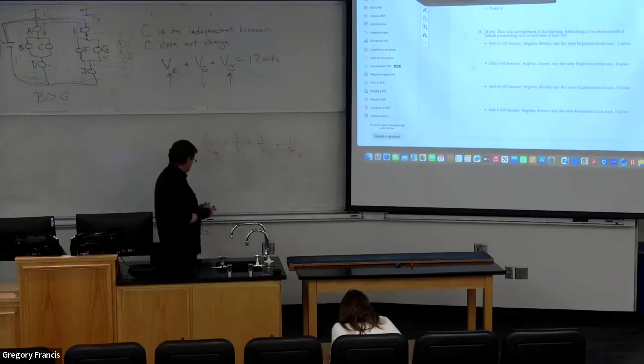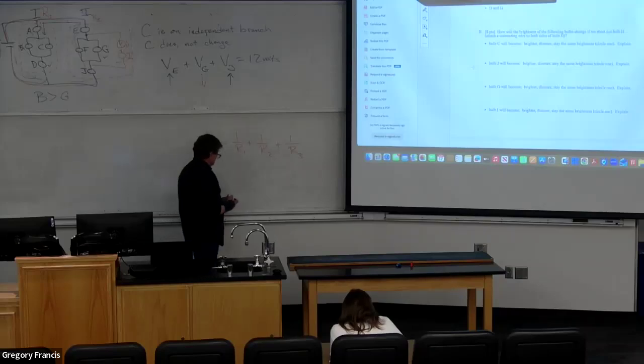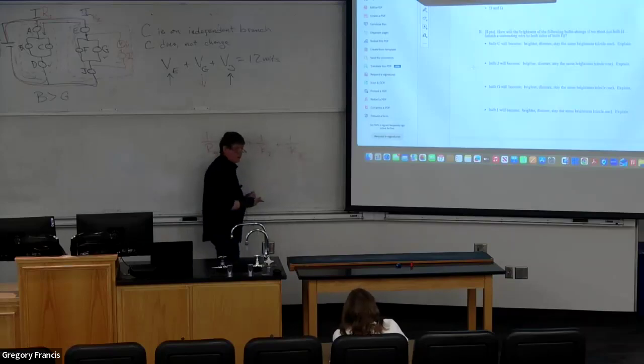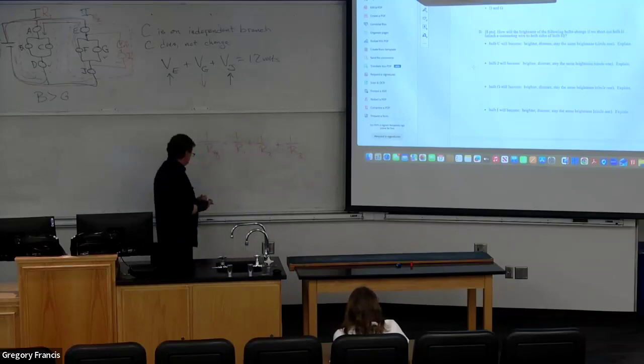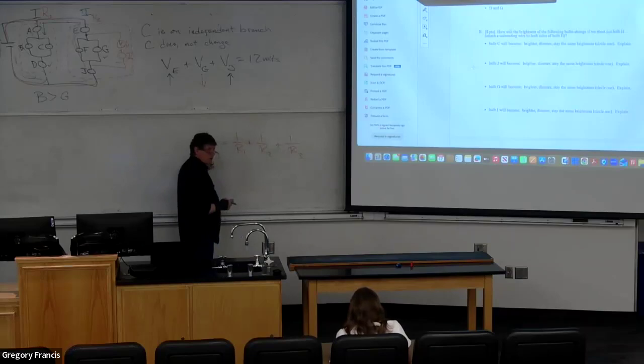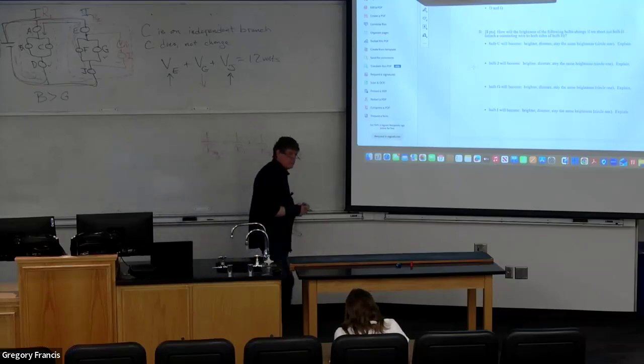And if you go through the math, anything I add over here is going to make the right-hand side of this equation bigger. But that's 1 over R equivalent. Anytime this gets bigger, R equivalent gets smaller. Okay, because it's 1 over in that equation.